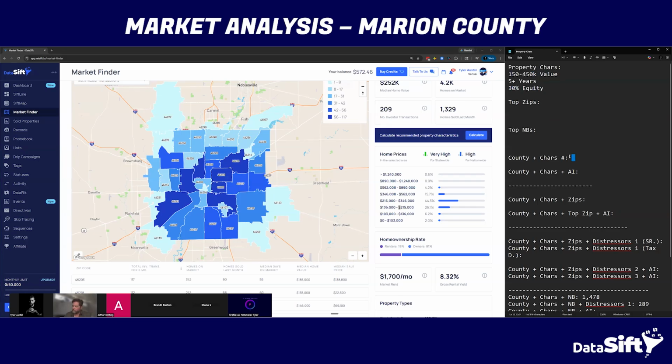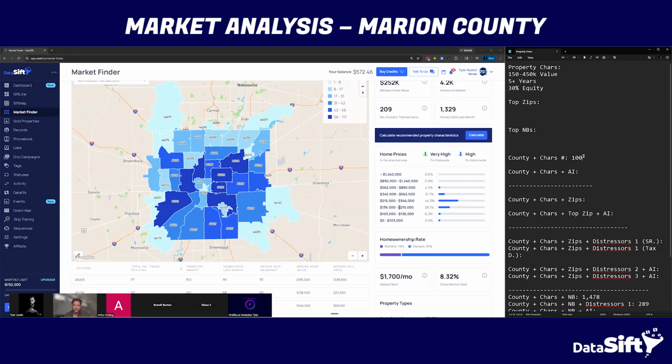And then that would end up being how many records are county plus CHARS, which just stands for characteristics, right? So county plus characteristics. Then what I like to do is the same thing. I want to understand, okay, if this is like 100,000, what if I apply an AI score? How far does that drop it in my county?